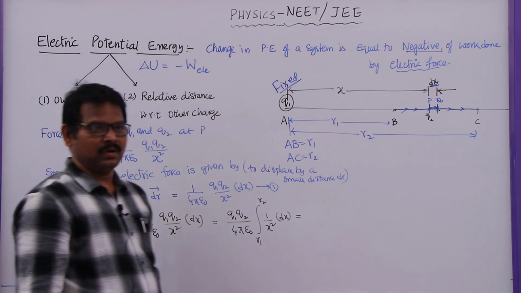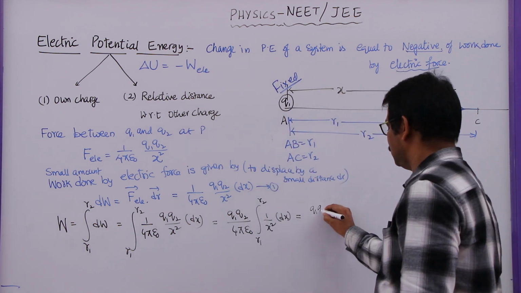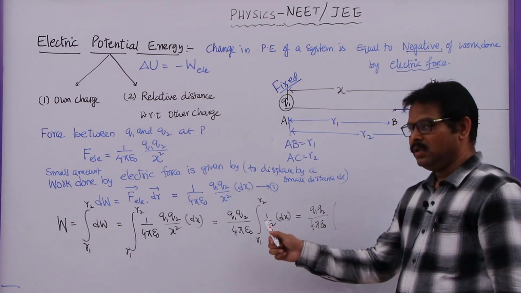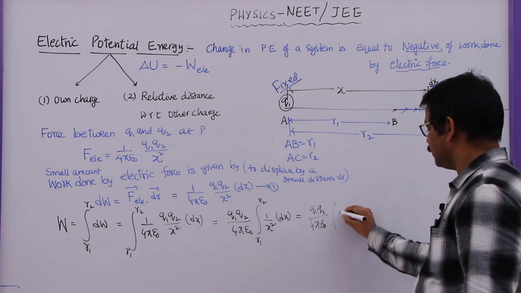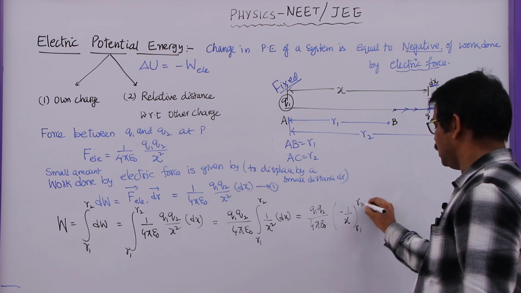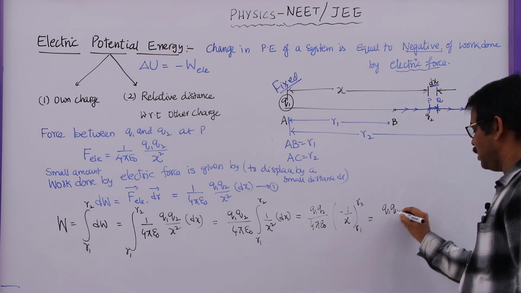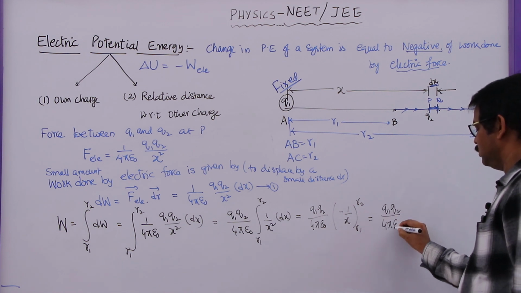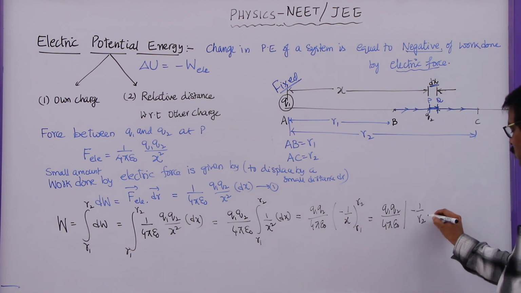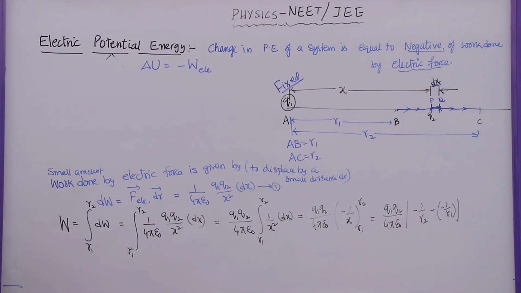The integration of 1 by x square will be minus 1 by x with limits R1 R2. If you substitute these upper and lower limits, you can write this as minus 1 by R2 minus of minus 1 by R1.